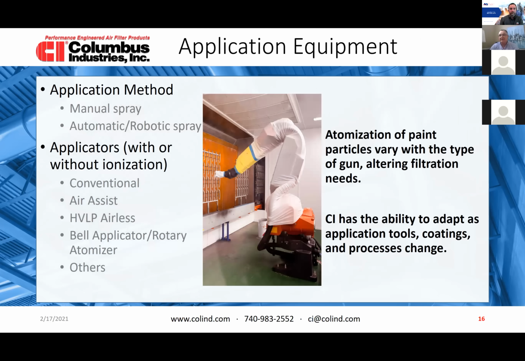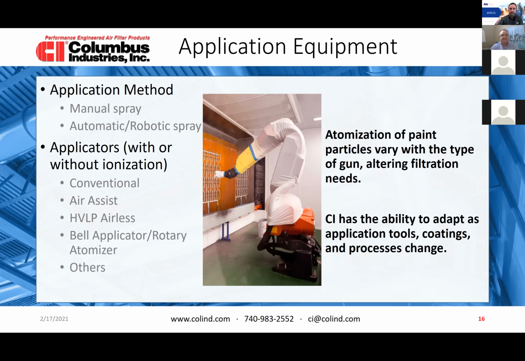The other element that could have an effect on the overspray nature is the application equipment. What is being used, what method is being used, and how small or large the particles are when atomized. In other words, for the paint to become a fog and be sprayed as fine particles onto the surface, it is atomized.